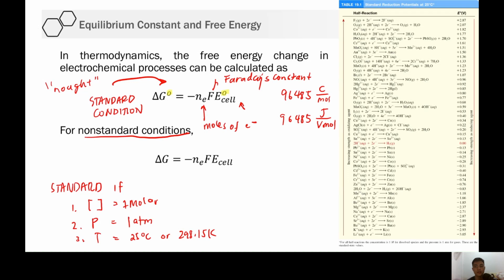Those are the conditions that have to be met in order for you to tell whether a condition is standard or not. A condition is standard if it meets all these criteria. However, if they specified concentrations other than this, then it is a non-standard condition.